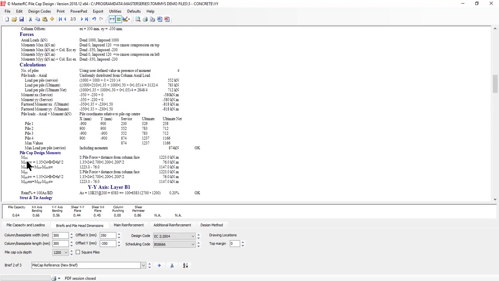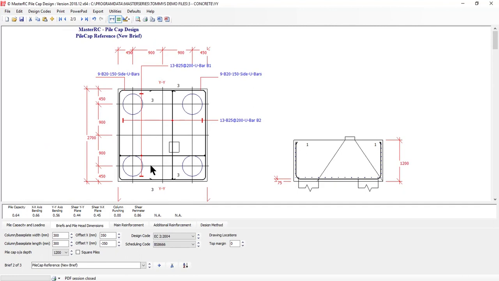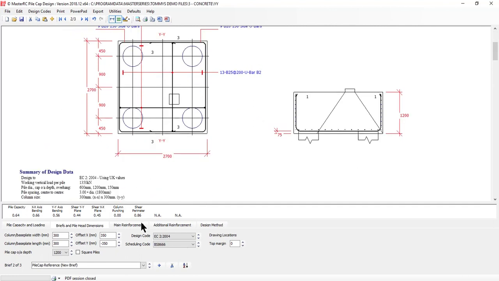So it's calculating for each of these piles backwards and finding the worst moments in the MX and the MY to do the design. So it's a very smart and intelligent little program for doing pile caps, and it's very simple and easy to use.